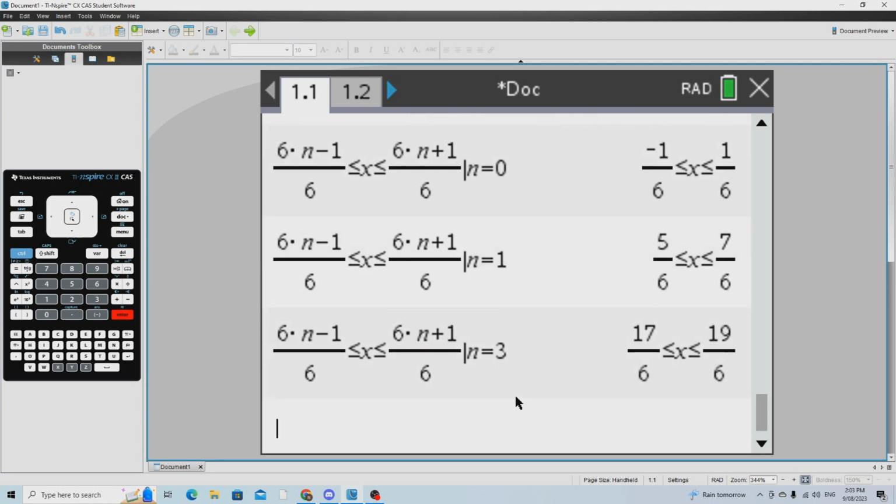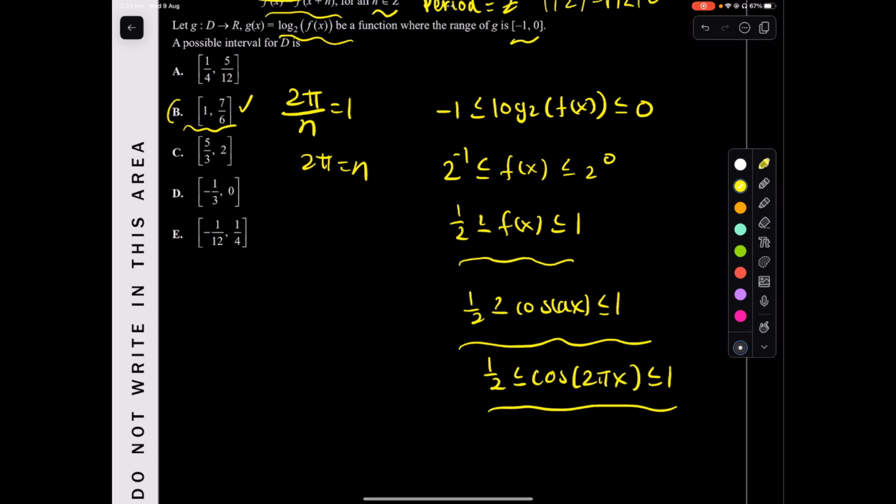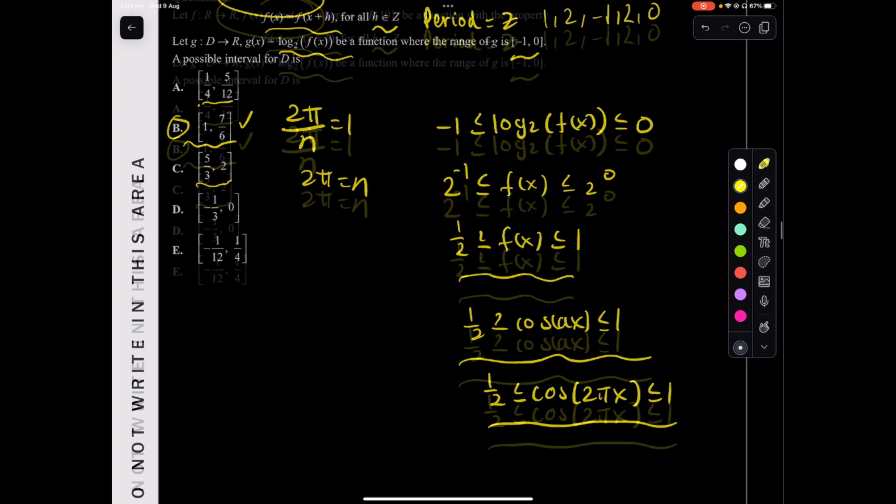So n equals 2, no. So B is the closest, because if we increase our n value to the positive, 4, 5, 6, we're getting bigger numbers. So B can only be your answer for that one.